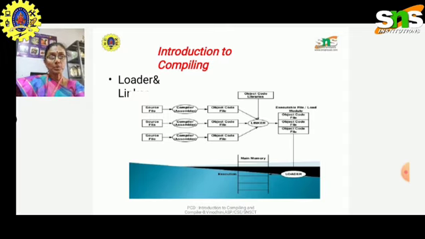This is how the language processing system works for every language in our computer system. For that we require translators like preprocessor, compiler, assembler, linker and loader. Now you know how to convert our language into machine code. Thank you.